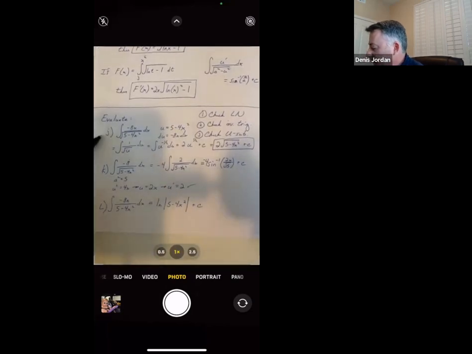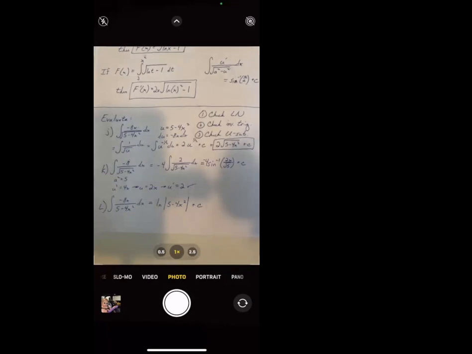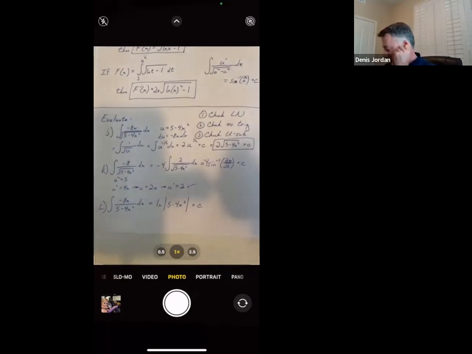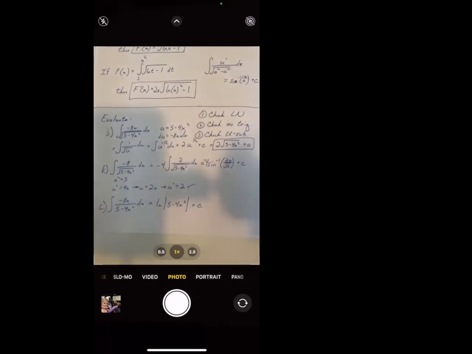Okay, does that help clarify what you're supposed to do for those? Yeah, that made it a lot easier to see. So just to repeat, for K, the derivative on top is because u doesn't have the x, right?